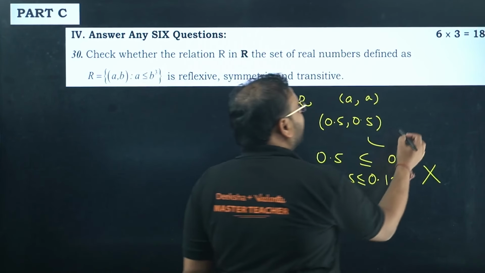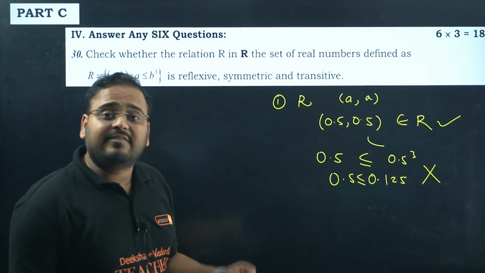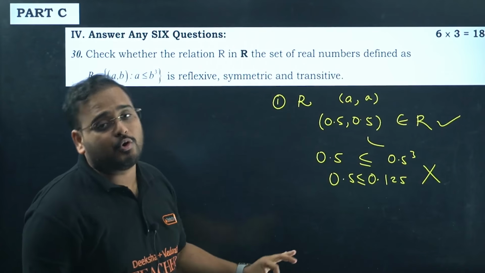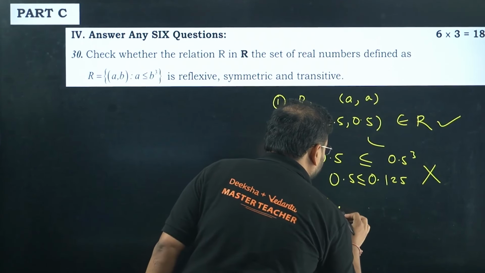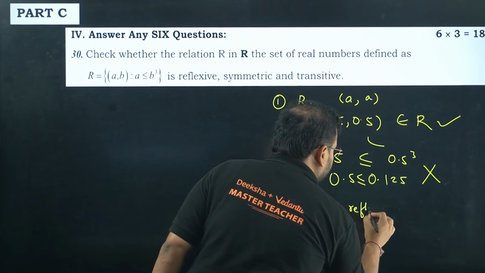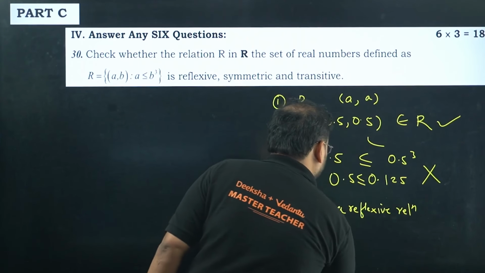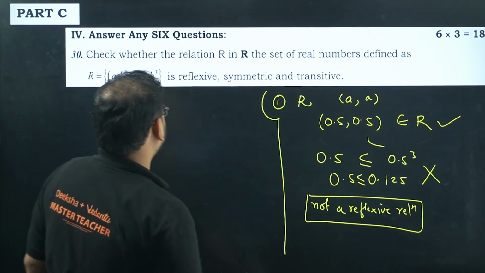Does 0.5 belong to real numbers? Yes, it does. Even though it belongs to the real numbers, the given relation will not hold true for reflexive. So we can write here, not a reflexive relation. Clear? Moving on with symmetric.